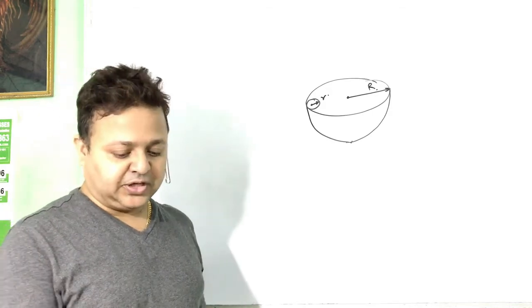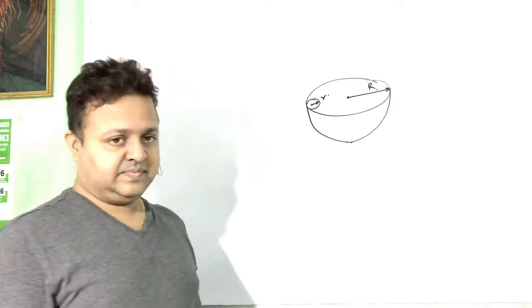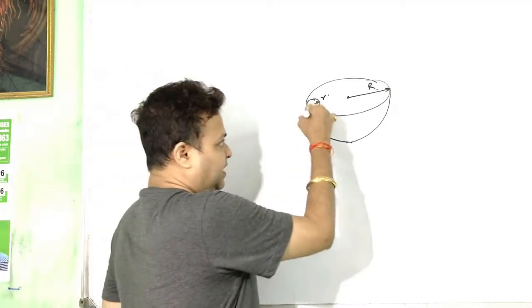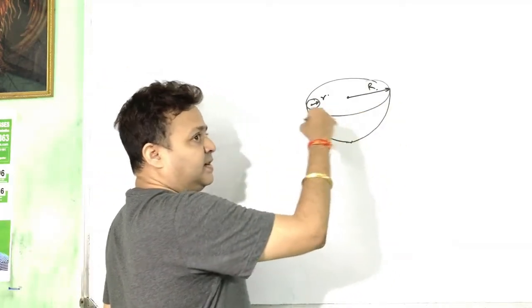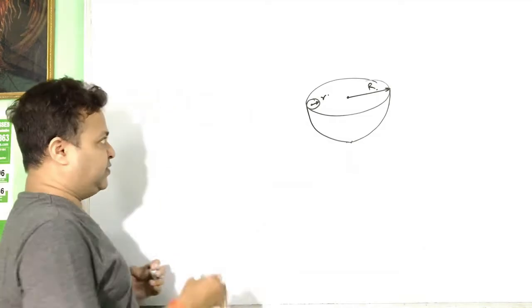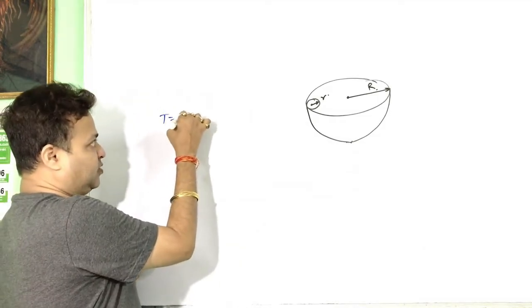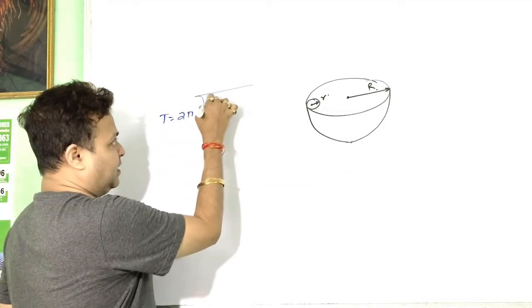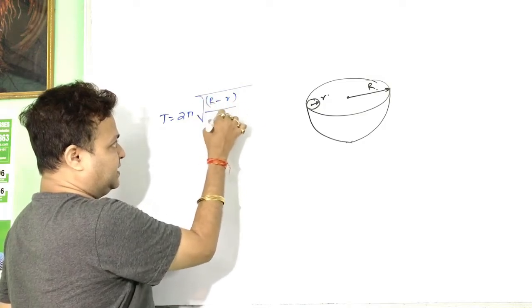So the time period of oscillation will be: ছেড়ে দিলে কি হবে, এরকম অসিলেট করতে থাকে, এবং one type of damped oscillation আগের দিন আমি বলেছিলাম। তো টাইম পিরিয়ড ইকুয়াল টু 2π root over of (R minus r) by g.